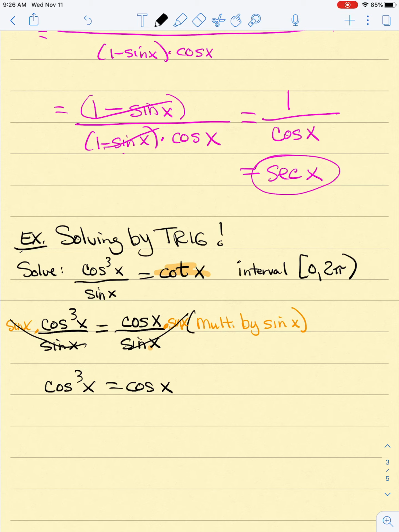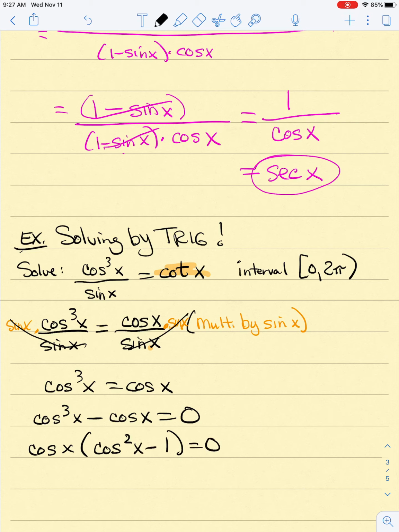So let's subtract cosine x on both sides. So cosine cubed x minus cosine x is going to equal 0. Okay, well, if we're solving, keep going. If you factor out a cosine now, you get cosine x, and then cosine squared x minus 1 equals 0.